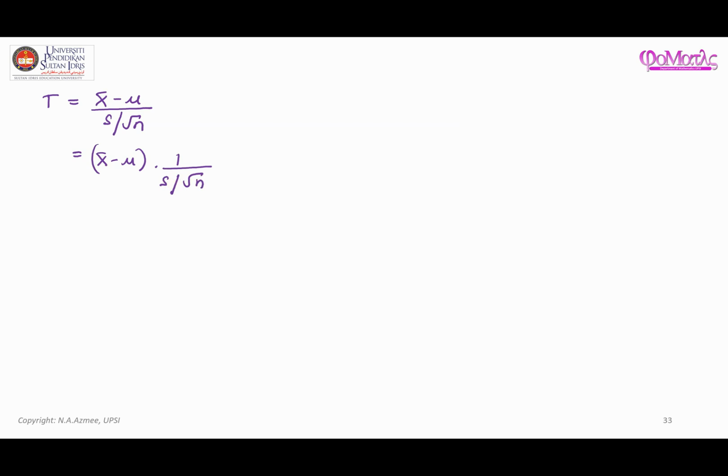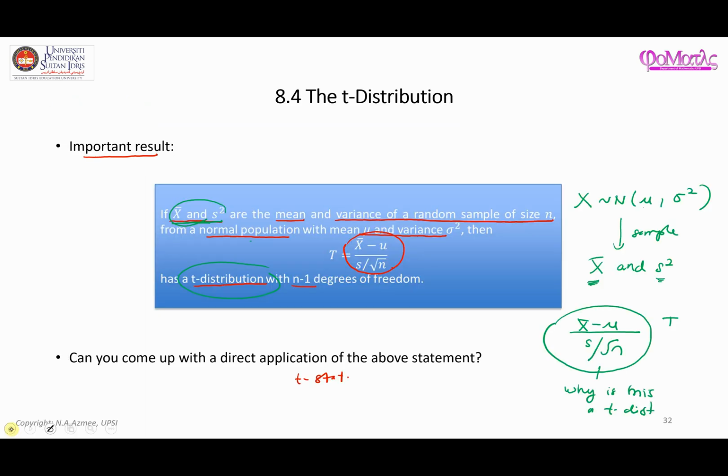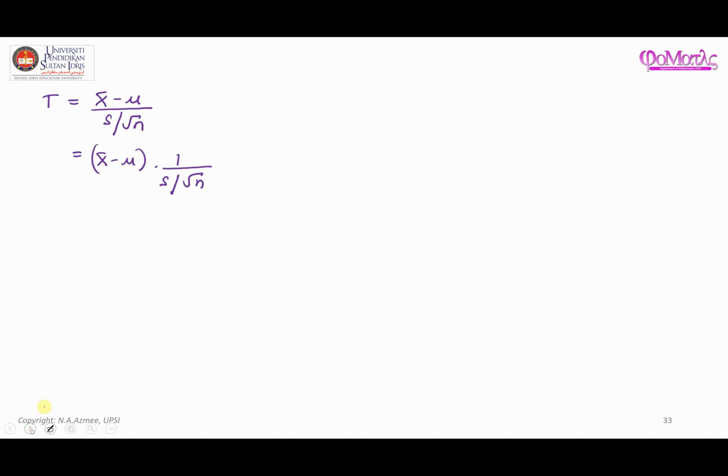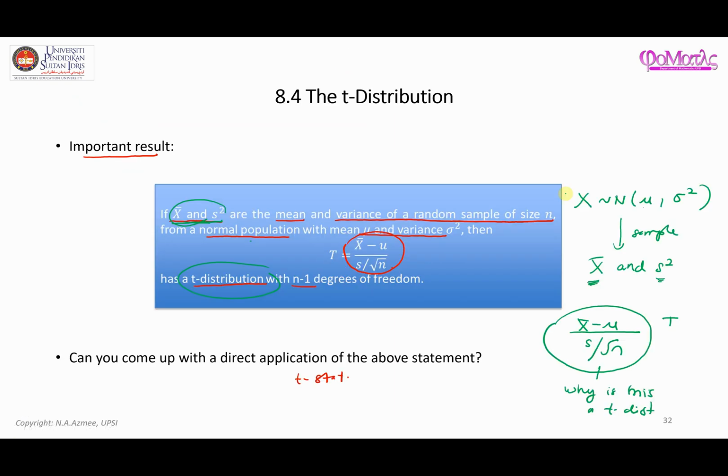Now, in order to make sure that it looks like z, what is z? Z is the standard normal distribution. I can see that this part here can be easily turned into a standard normal random variable if I have x bar minus mu over sigma over square root n. Why? Because originally we have this result here, x is normal with mu and sigma squared.